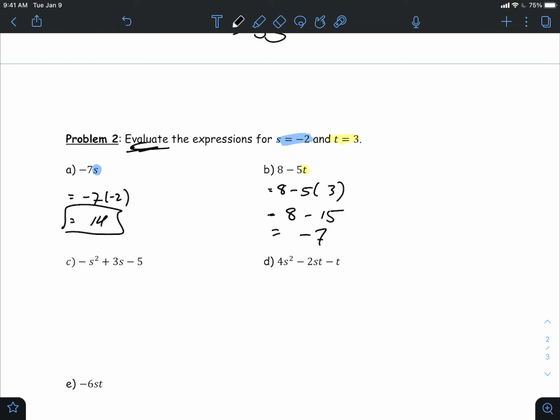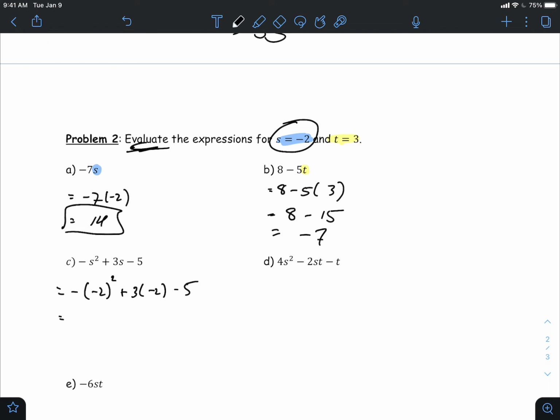Alright, let's do S. Okay, we'll do C. Sorry. So for this one, we go negative times negative 2 squared plus 3 times negative 2 minus 5. We all right? Negative 2 squared is?